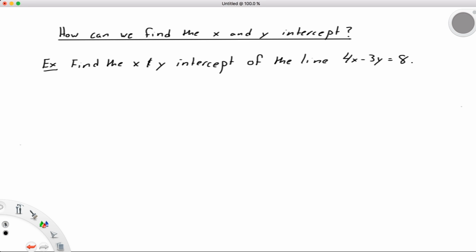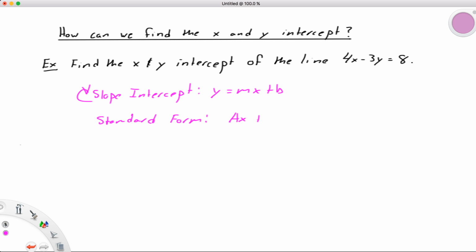Now, another common variation of this question may be asked when, instead of being in slope-intercept form, which is y equals mx plus b, our line is given in standard form, which is ax plus by equals c, like we have in this case here, 4x minus 3y equals 8. But while this looks slightly different, actually solving it is still the same.